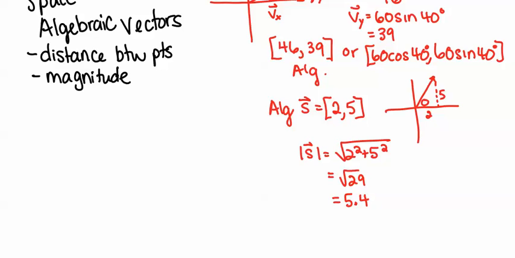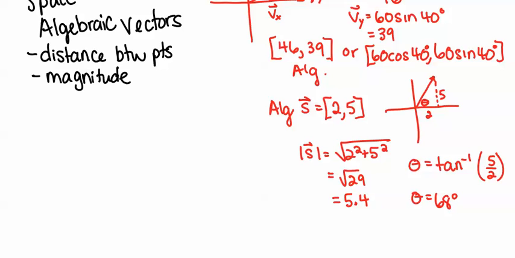Then we're going to need an angle. So theta equals inverse tan of 5 over 2, so theta equals 68 degrees.